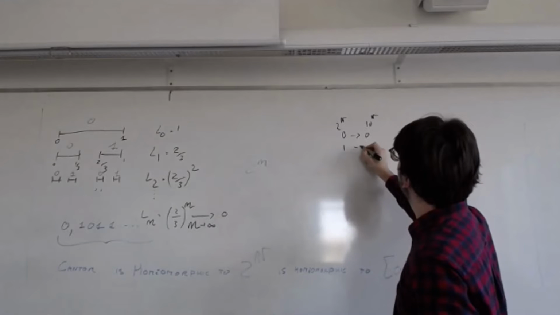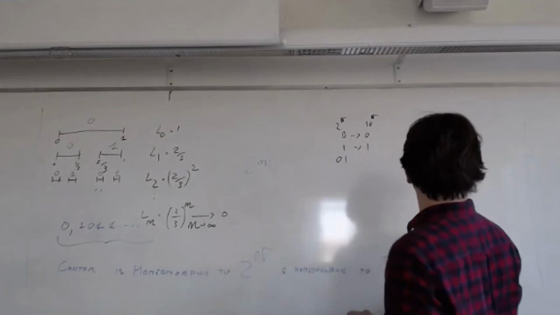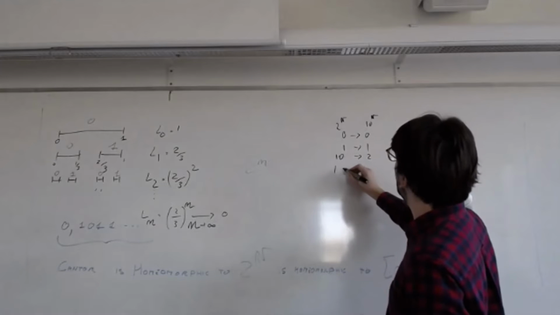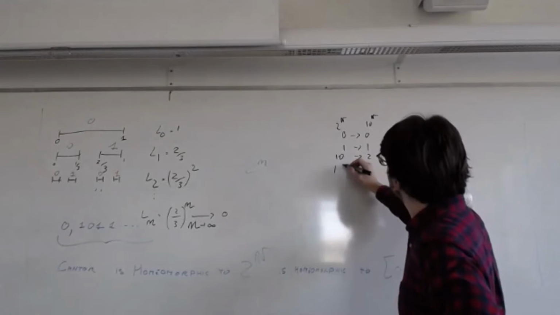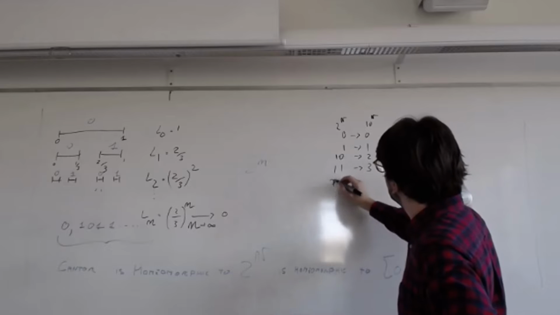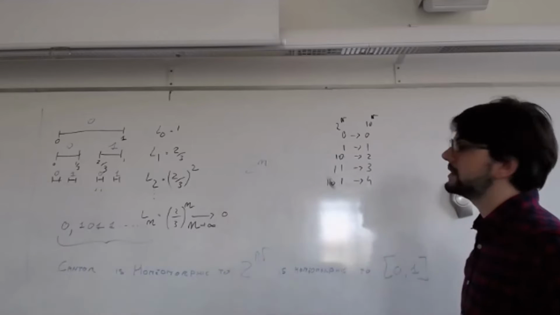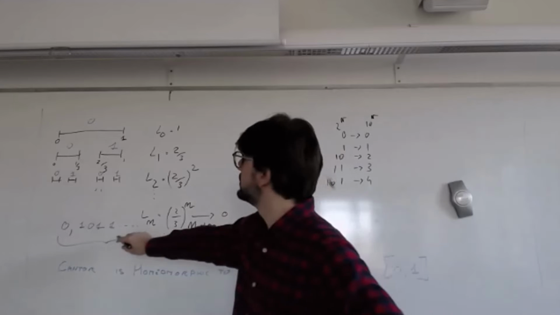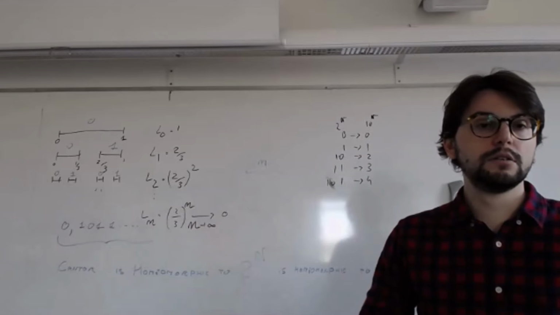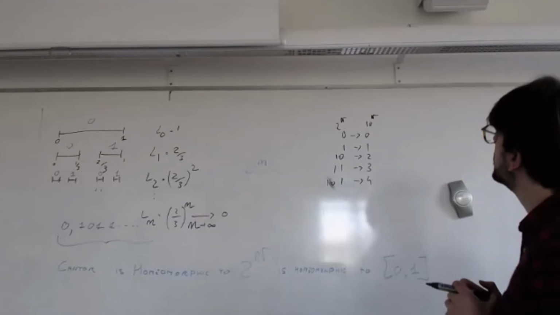So 0, 0, 1, 1, and then you have 0, 1, 0 is 2, 1, 1 is 3, right? 1, 0, 1 is 4, and you go on until you find out what 10 is, and then you write the 10 here, and then you continue with zeros, and that solves your problem, right? Maybe I'll just write it down and email you. Okay. When I thought about it a bit more.